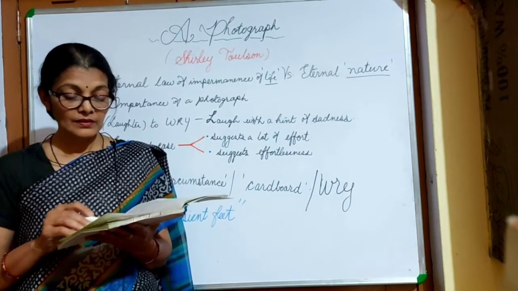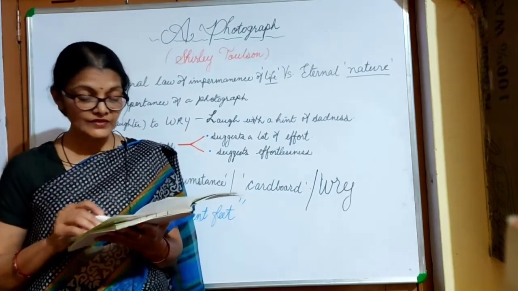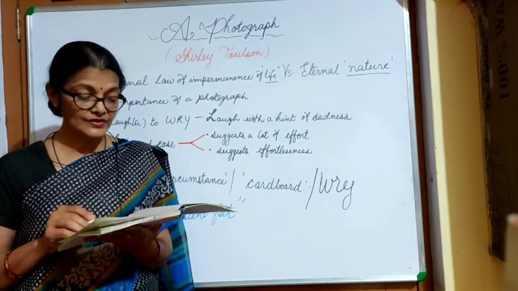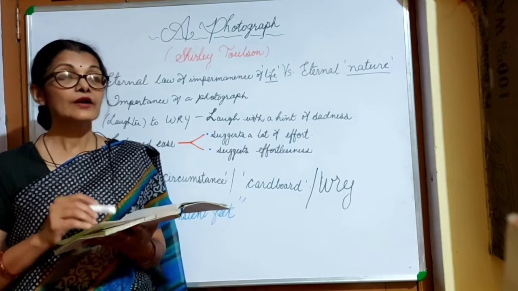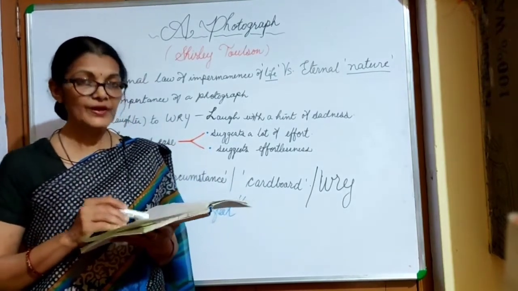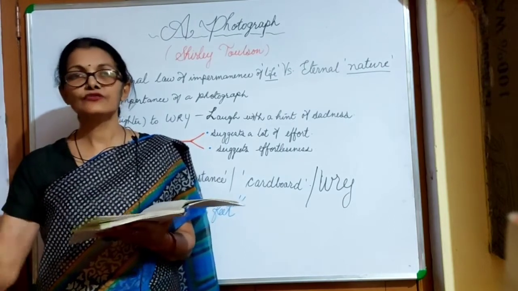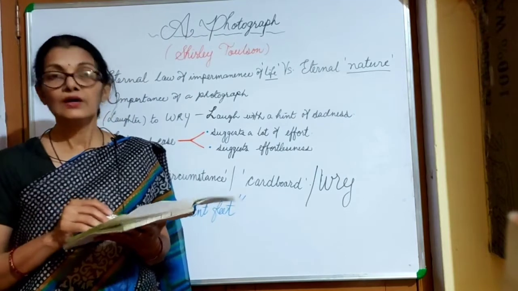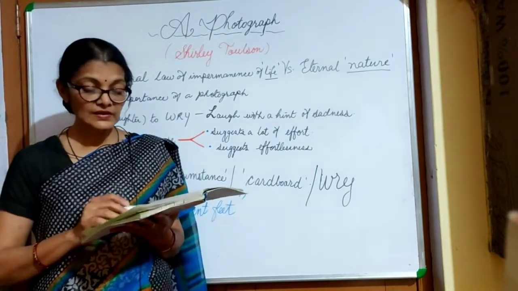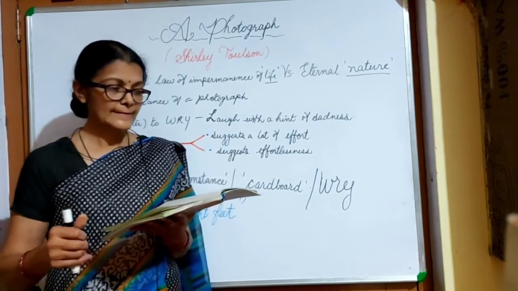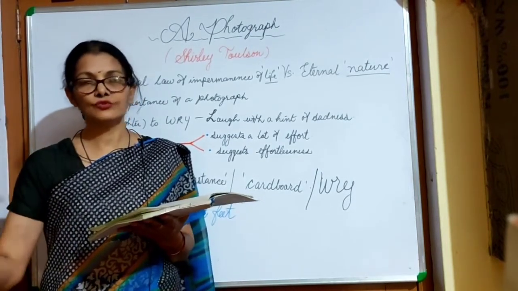And now after that, what's there? The sea holiday was her past. Mine is her laughter. Now here, the poetess is comparing her mother's loss with her own loss. Now what is her mother's loss? Her mother's loss is that sea holiday, that is the past, because she cannot get back those moments.